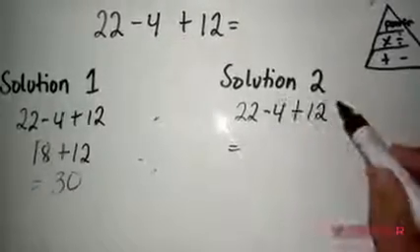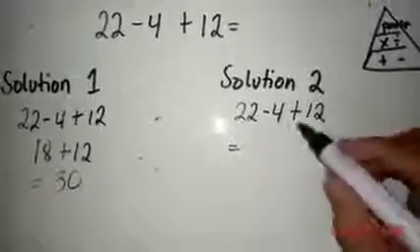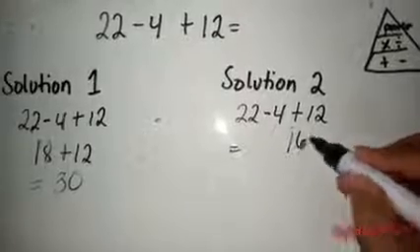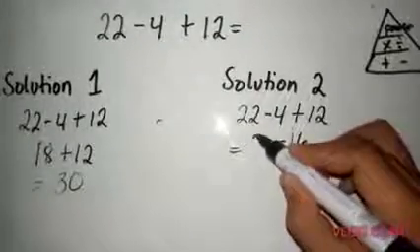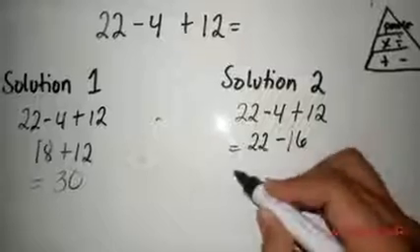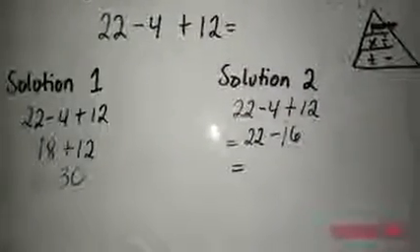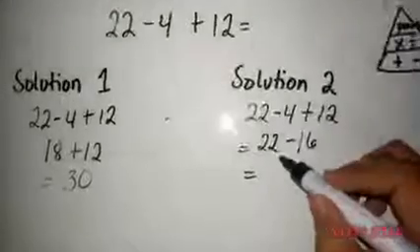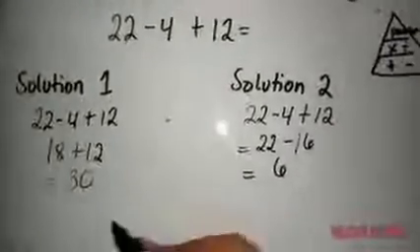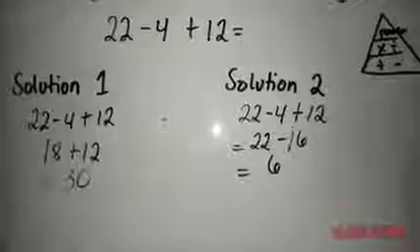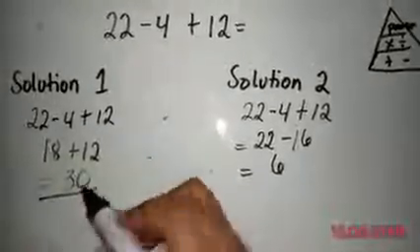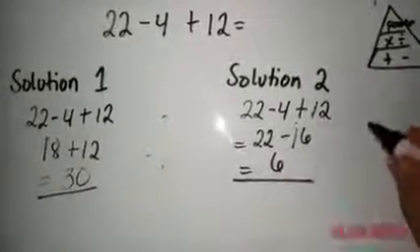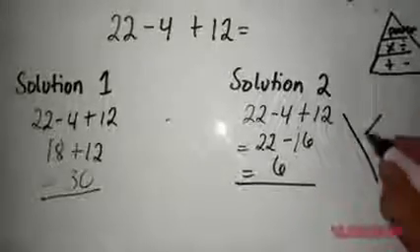So 4 plus 12, the answer is 16. Minus 22. 16 minus 22, the answer is 6. So you can see the difference in answer. This one is 30 and this one is 6. And this solution is wrong.